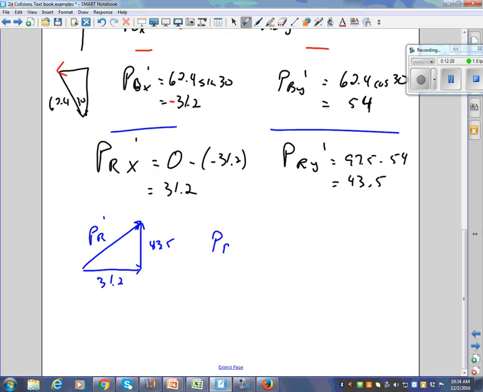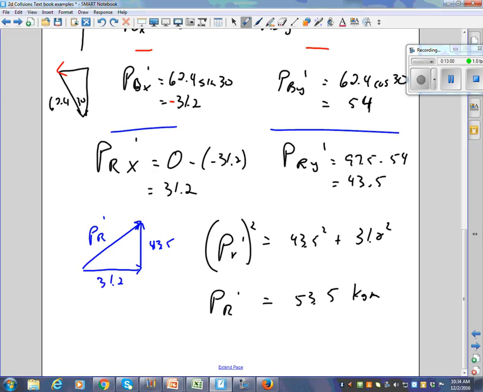So PR prime squared is going to be 43.5 squared plus 31.2 squared, and you get PR prime. You guys can do that Pythagoras. You've been doing it for years. 53.5 kilogram meters per second. That is the momentum of the redstone after collision. 53.5.